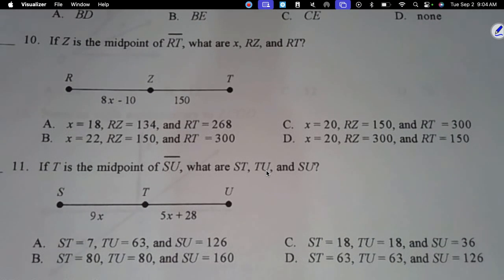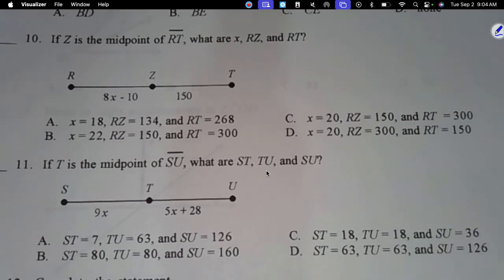Okay, it says if Z is the midpoint of RT, what are, and it asks for 3 answers, X, RZ, and RT. What does it mean if it's the midpoint? So this is reading comprehension right here. If you don't know what it's asking for, you can't even get the question right. It's the middle. So if this is in the middle right here, what do we know about those 2 pieces?